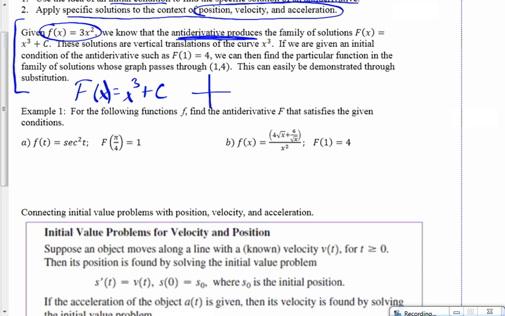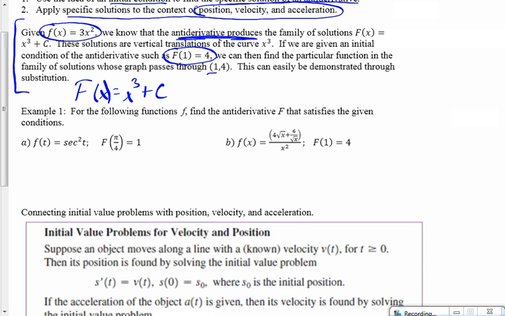If we look at that on a graph, it's x cubed, or you could move that up, or you could move that down. So there's a whole family of antiderivatives. Now, if we know something about a specific antiderivative, in this case, it gives us an initial condition of f of 1 is 4. We can find the particular solution. So we can find the specific antiderivative that's in the family of antiderivatives that we're looking for.